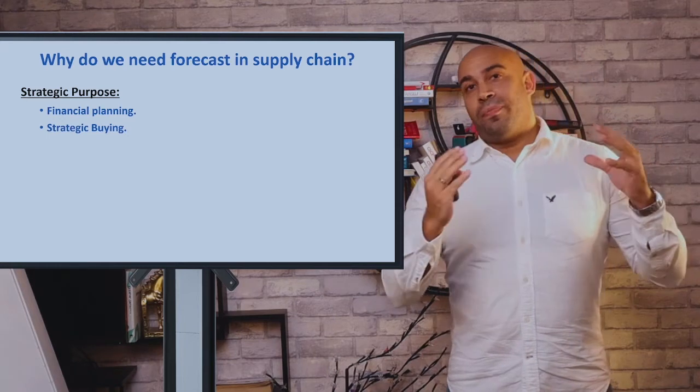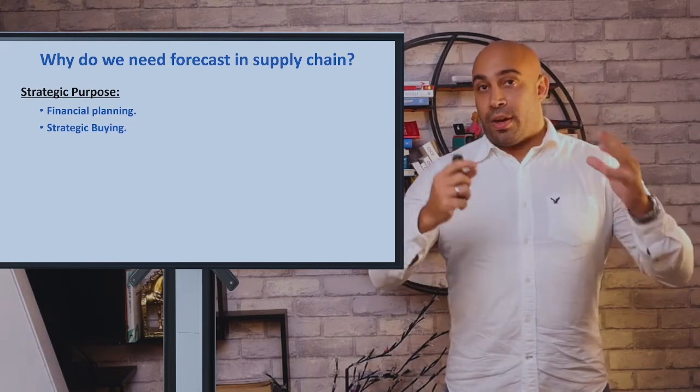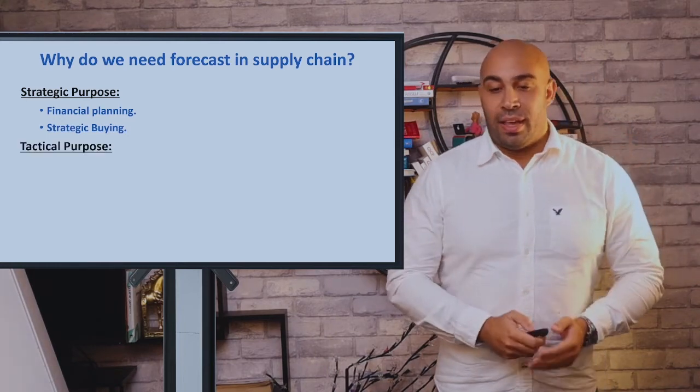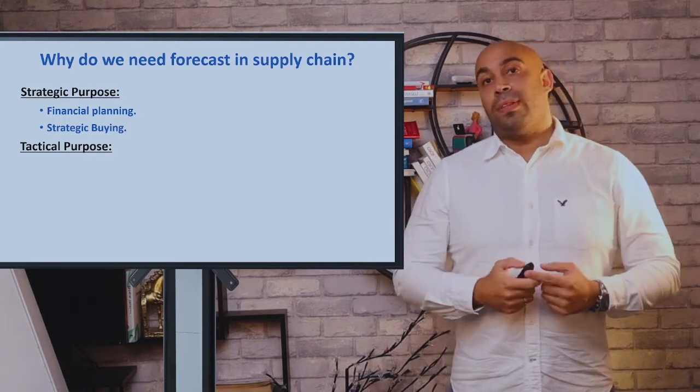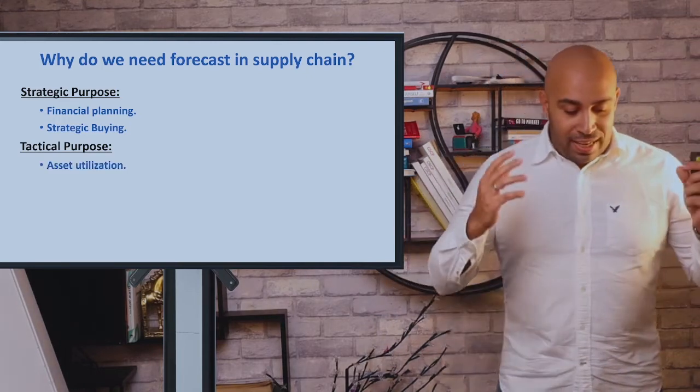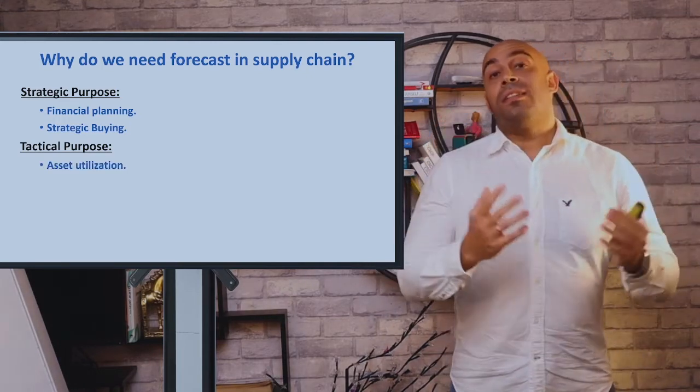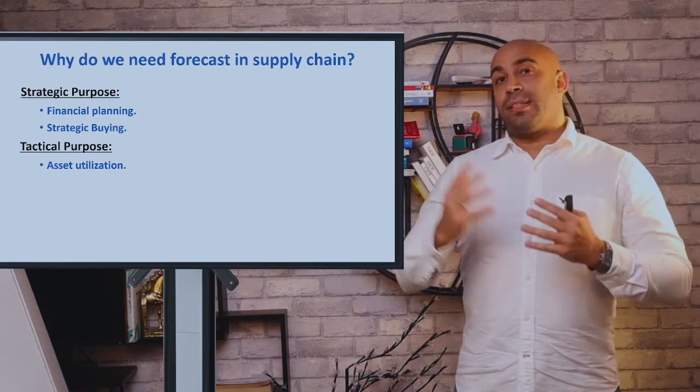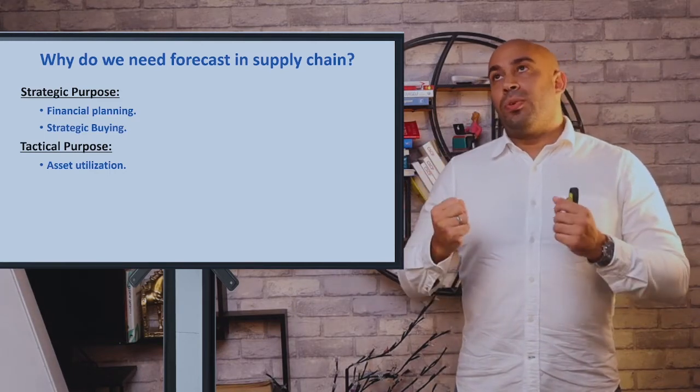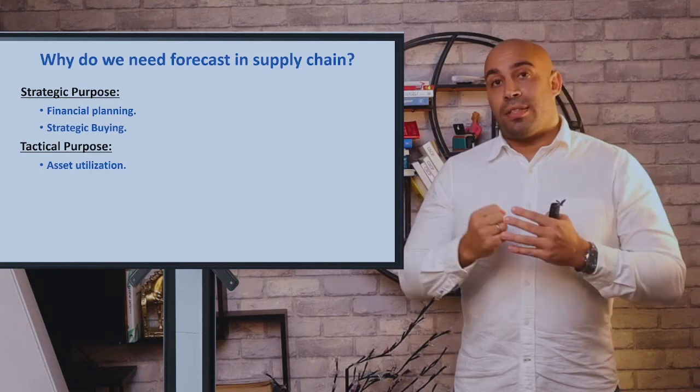When we move from the strategical level into another level, the tactical level, let me think with you on that level: what is the asset utilization? Without forecasting, how will I be able to project my asset utilization?